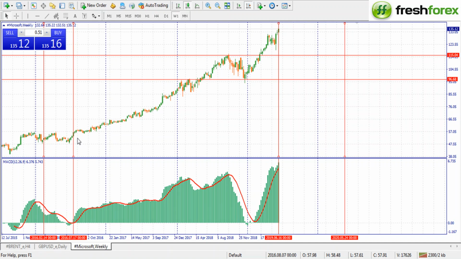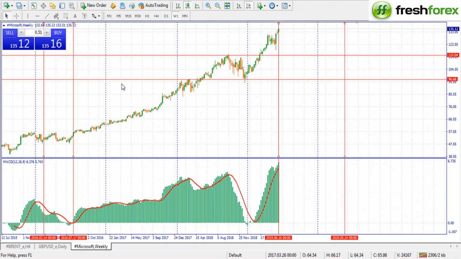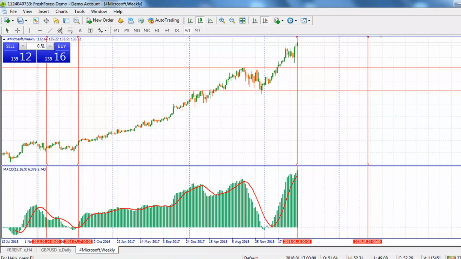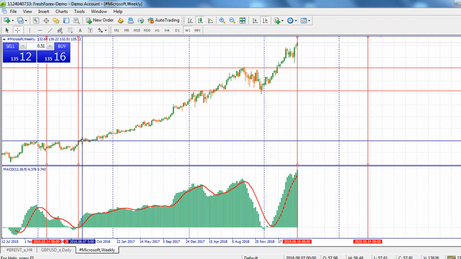And anytime I get a winning trade, I win based on the number of pips. Because, assuming I'm using 0.50 here, this is the volume I'm using, and I'm risking 10. That 10 is a number. But if I'm risking 10 pips, it is different from somebody who's risking $10.